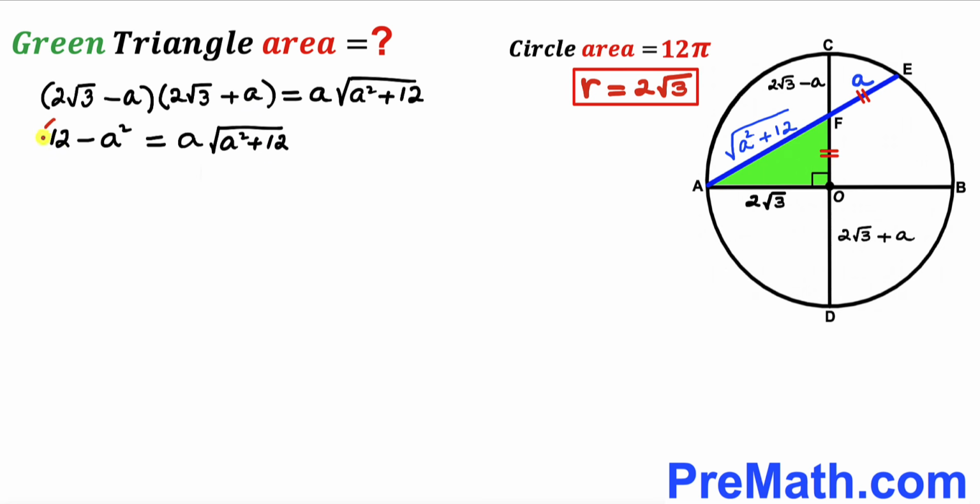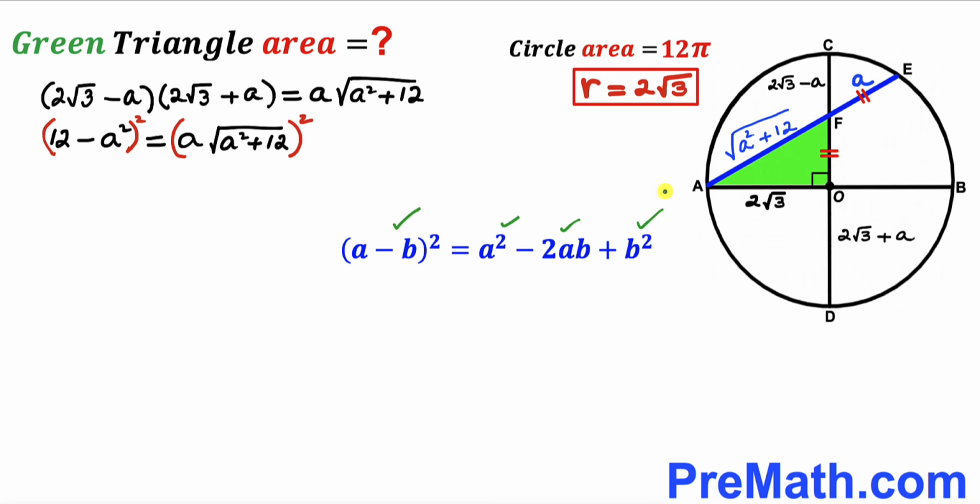So therefore, I'm going to take the square on the left hand side and the square on the right hand side as well. And now let's recall this another identity: a minus b whole square could be written as a square minus 2 times ab plus b square. And we are going to apply this identity on the left hand side of this equation.